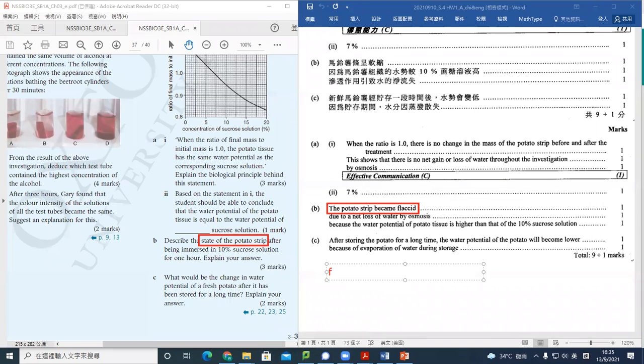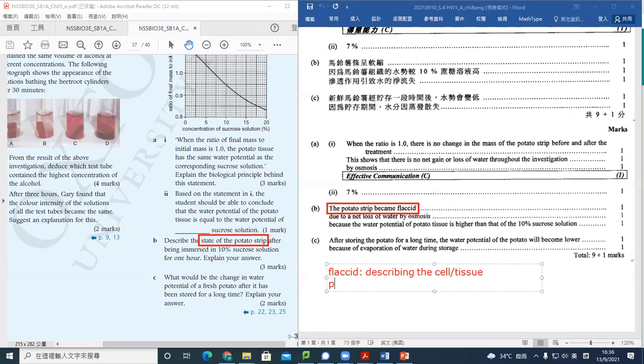You can only use flaccid here, describing the cell or tissue. It's so soft, okay?